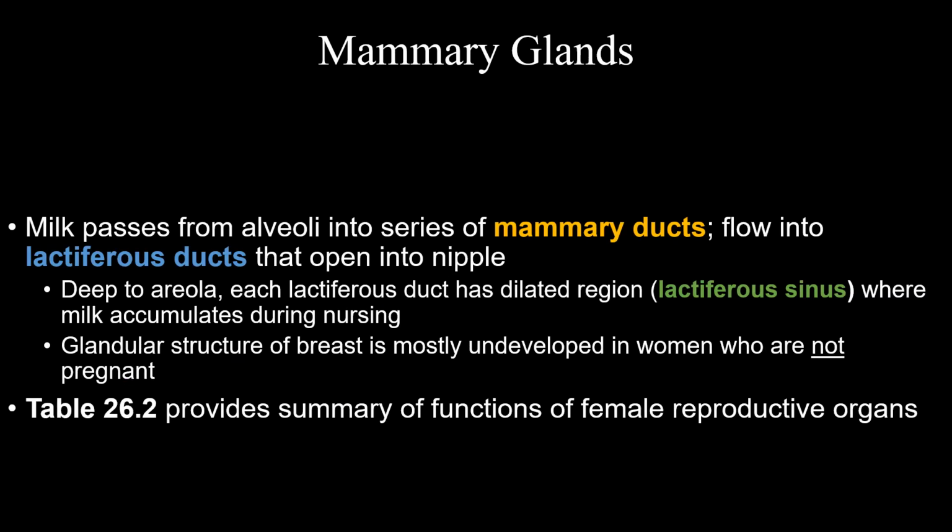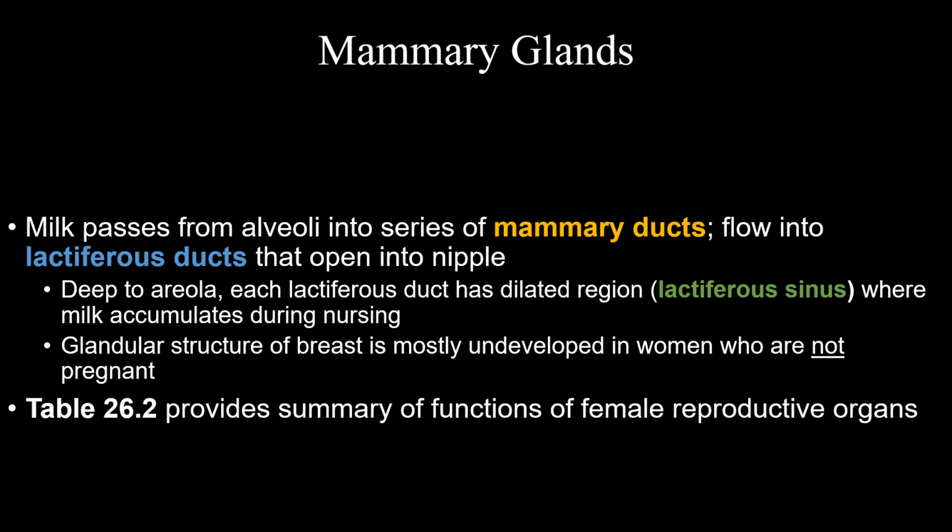And when milk is being produced, it passes from these alveoli into a series of mammary ducts, which flow into the lactiferous ducts that open to the outside at the nipple. And then just deep to the areola, each lactiferous duct has a dilated region called a lactiferous sinus. And this is where milk will accumulate during nursing.